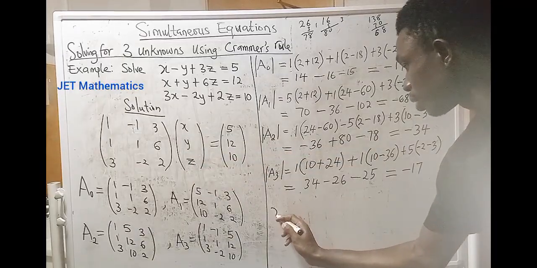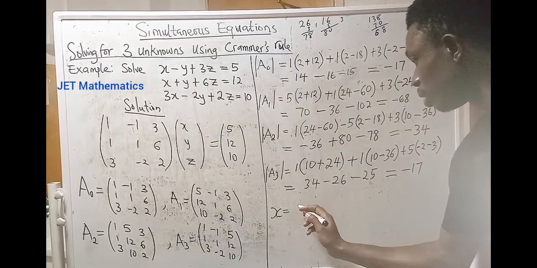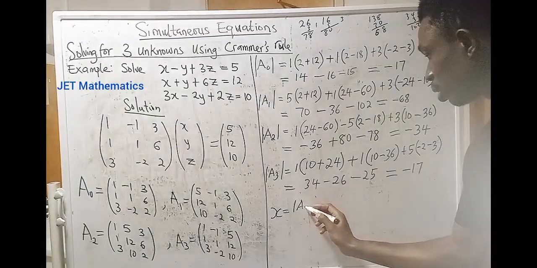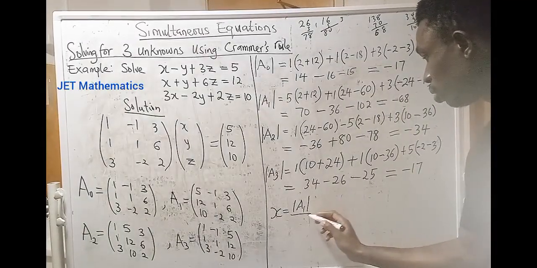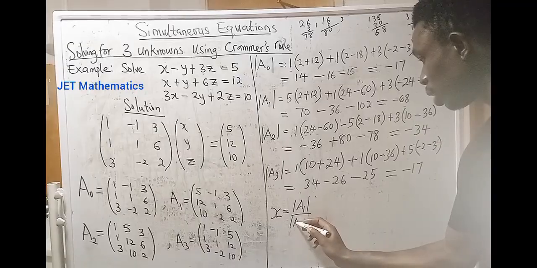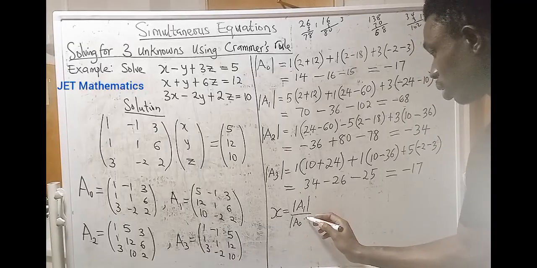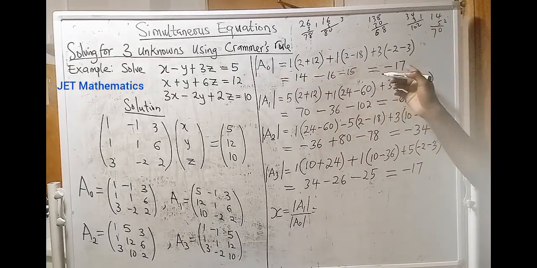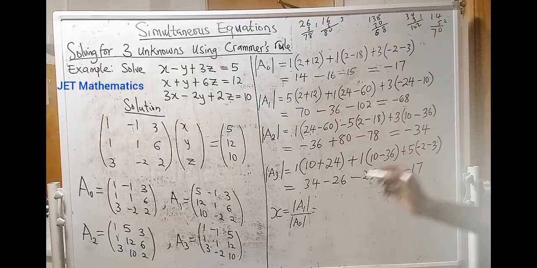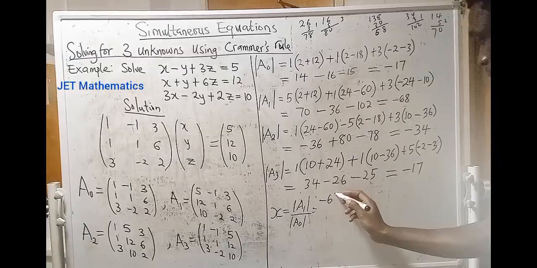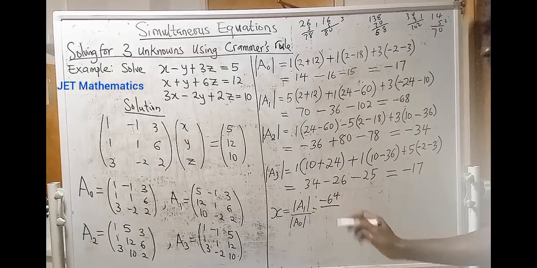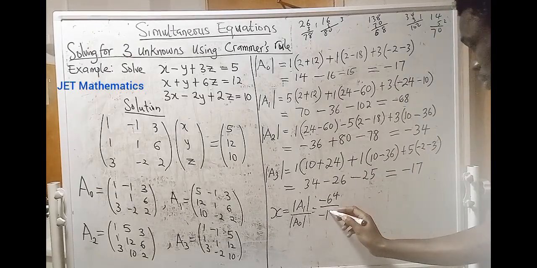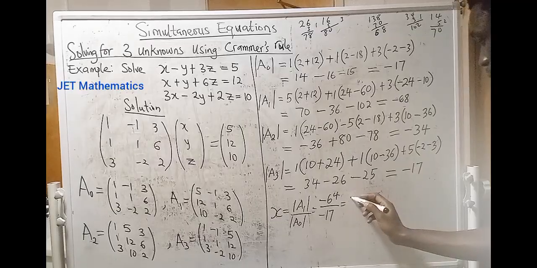So our last job now is to get our variables x, y, and z. To get x, we say is determinant a1 over determinant a0. That gives us minus 68 divided by minus 17, and that gives us 4.